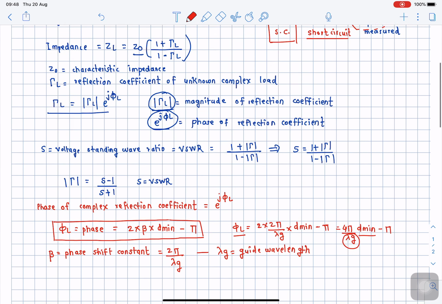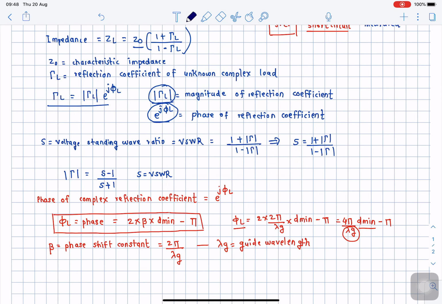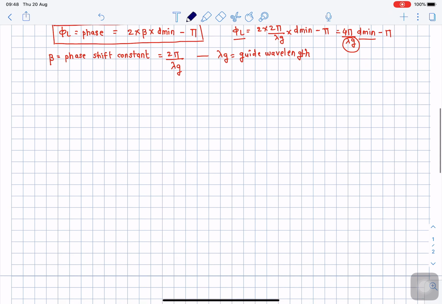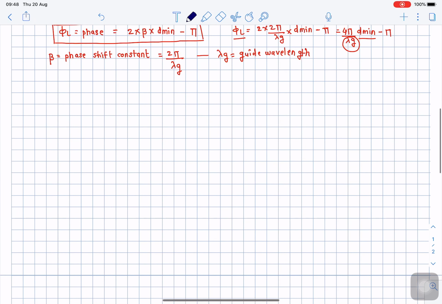Initially, we short circuit the unknown impedance.